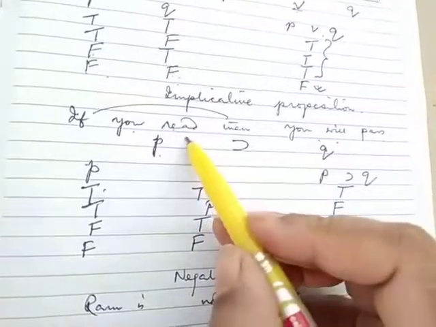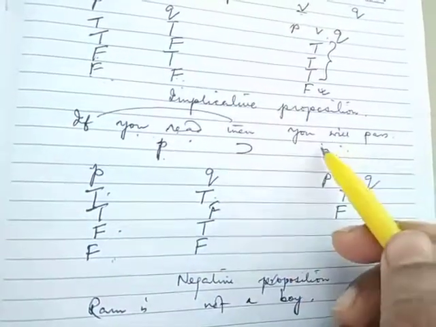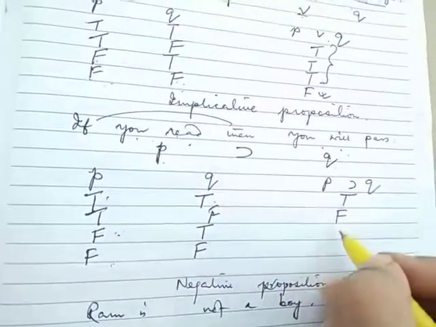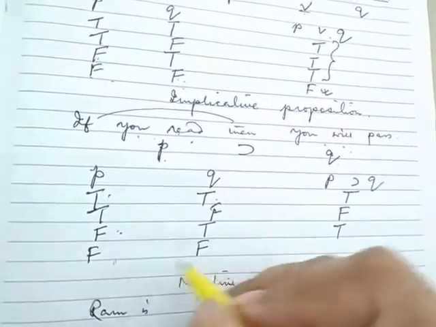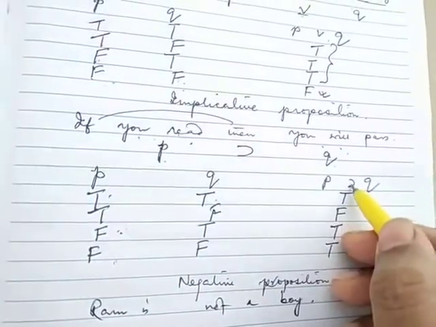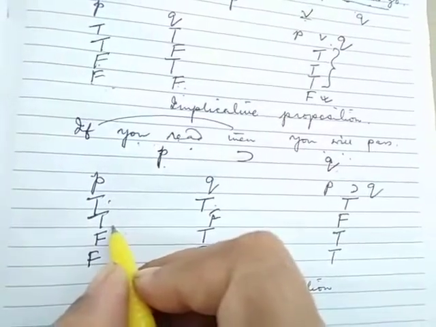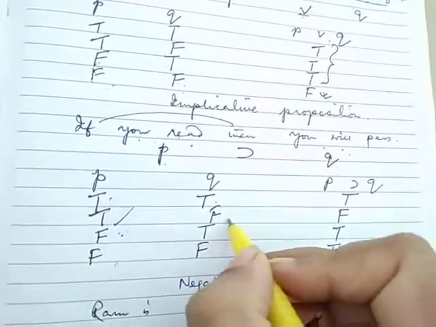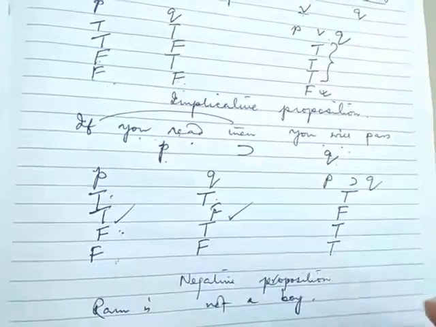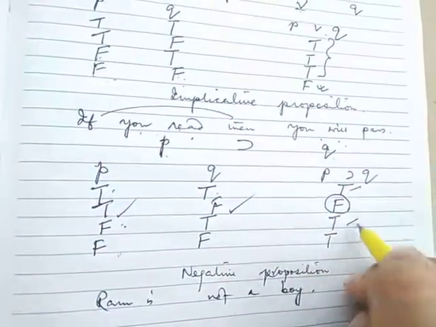I have said if you read, then you will pass, but if you do not read, what will happen? I have not told. So if you do not read, you pass also, then it's okay, and if you do not read and you do not pass, then also it's okay. So in case of implicative proposition, remember that when the antecedent, the first one, is true and the consequent, the second one, is false, then the function will be false, and in other cases it will be true.